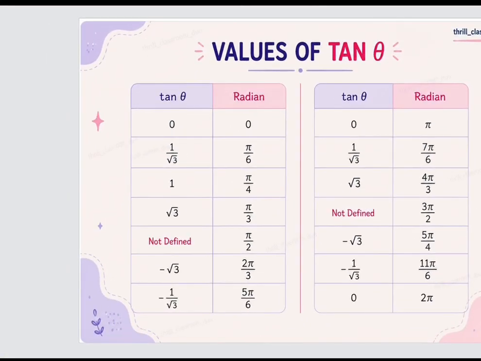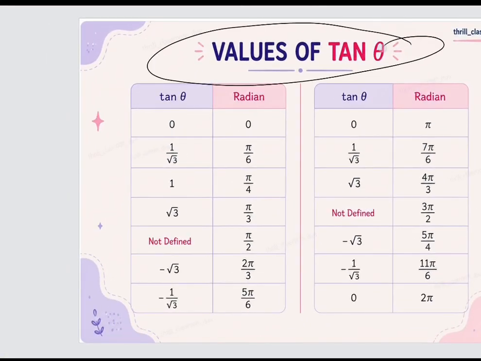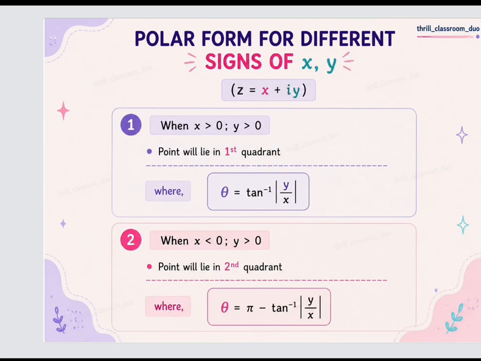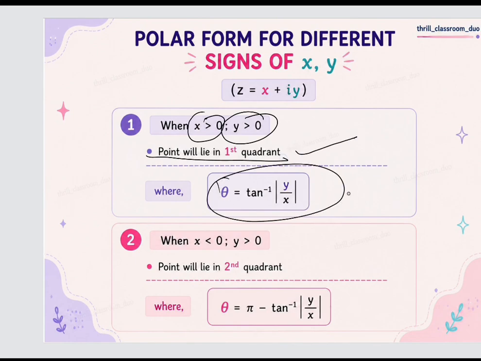These are some values of tan theta that you should know. Polar form for different signs are as follows. When x is greater than 0 and y is greater than 0, the point lies in the first quadrant, and then theta is tan inverse modulus y upon x.